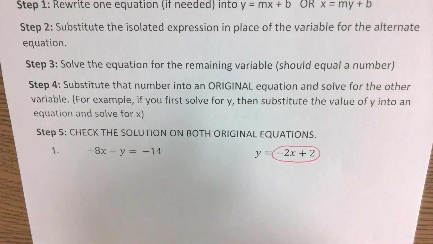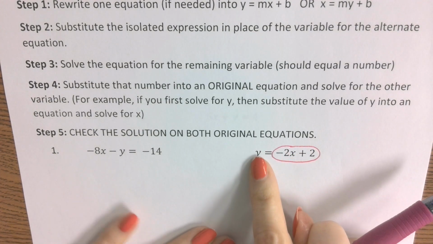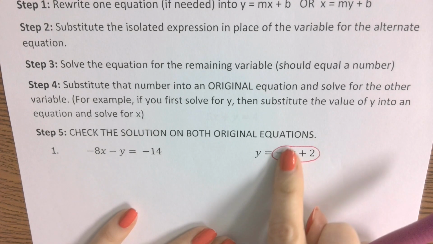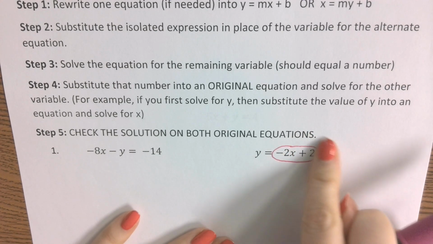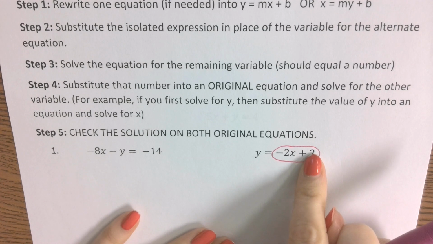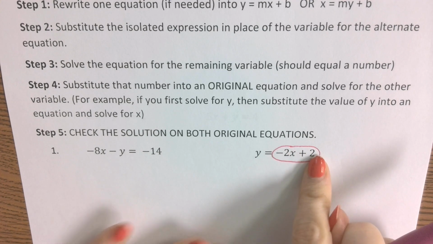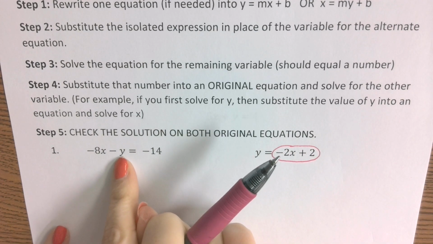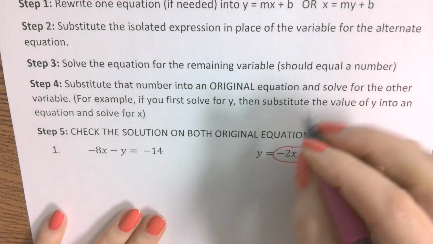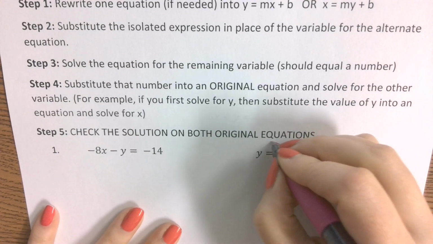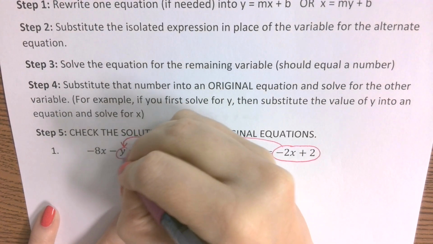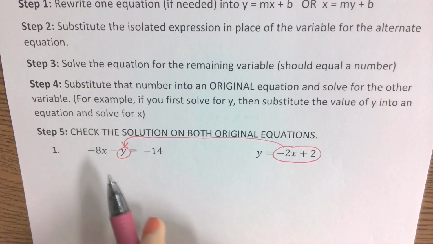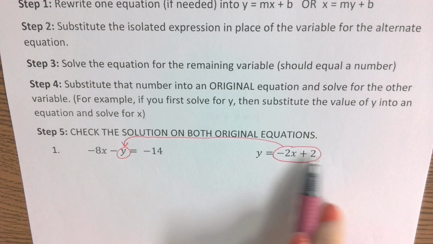Your y is isolated, and this is the expression that isolated value is equal to. You're going to take this entire expression and substitute it into the y, because y equals this expression.